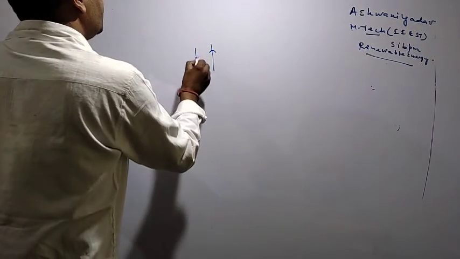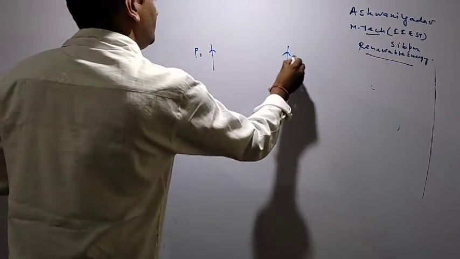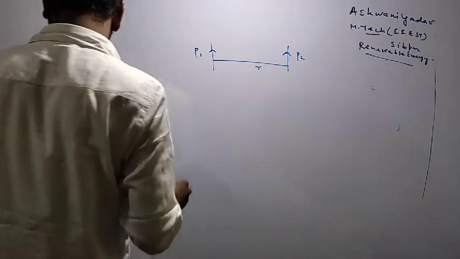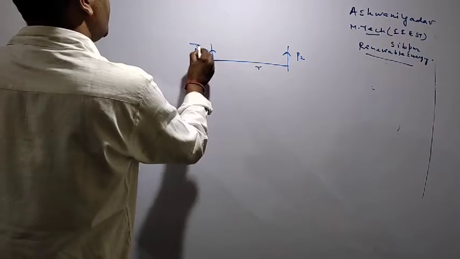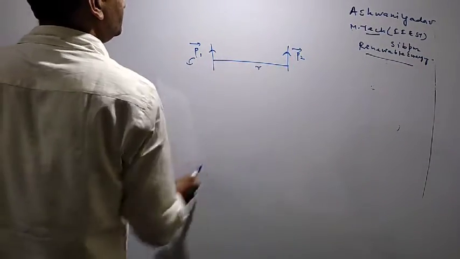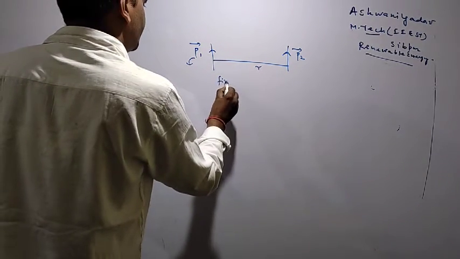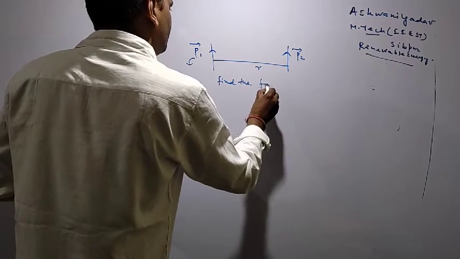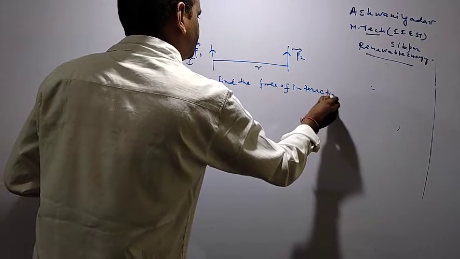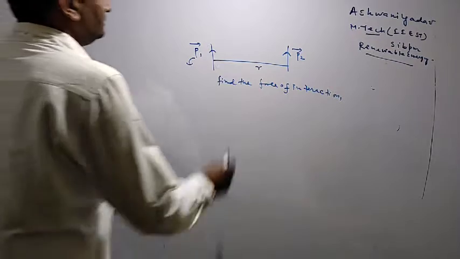Now we just put dipole moment P1 and dipole moment P2, and the distance is R. These are dipole moments P1 and P2 separated by a distance R. Then find the force of interaction. This is your question.